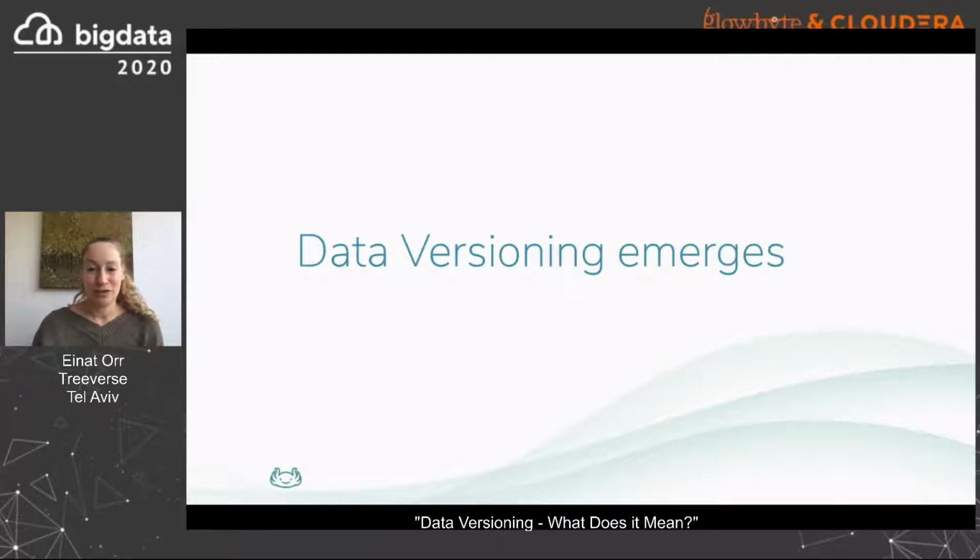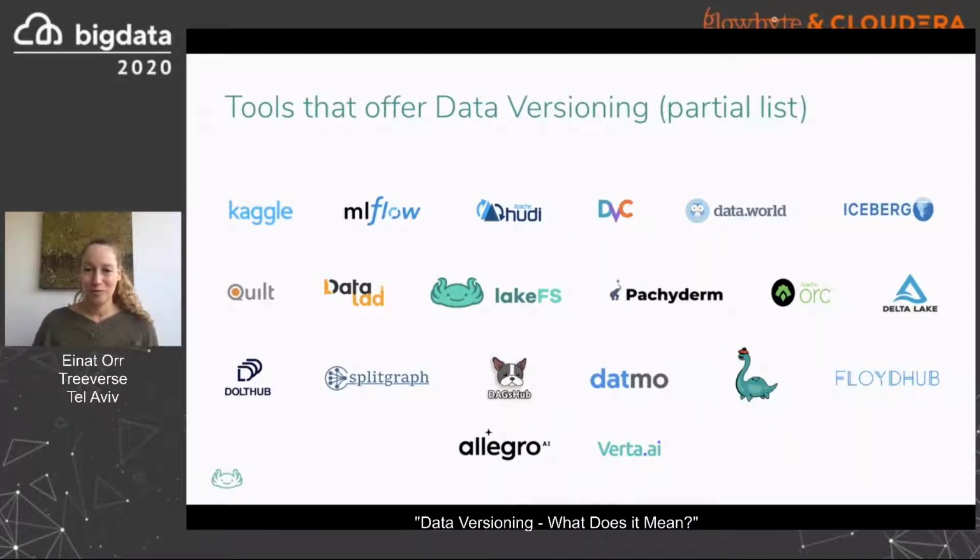Where do we see data versioning? The answer would probably be everywhere. All the tools that you see their logos here provide some sort of data versioning, or Git for data, or any other form of managing your data the way you manage your code, or any other form of expressing the need to get some versioning within the data.